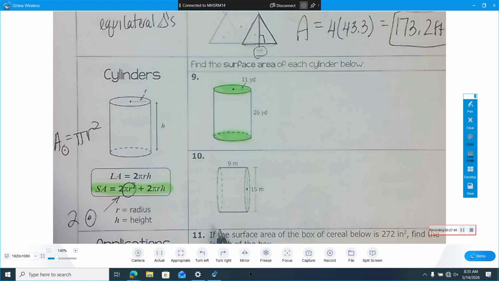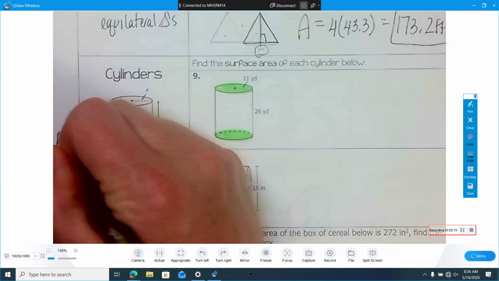That long edge is the same as the circumference of the circle. Circumference is the distance around the edge of the circle. When I unwrap these sides, that lines right up with the circumference.